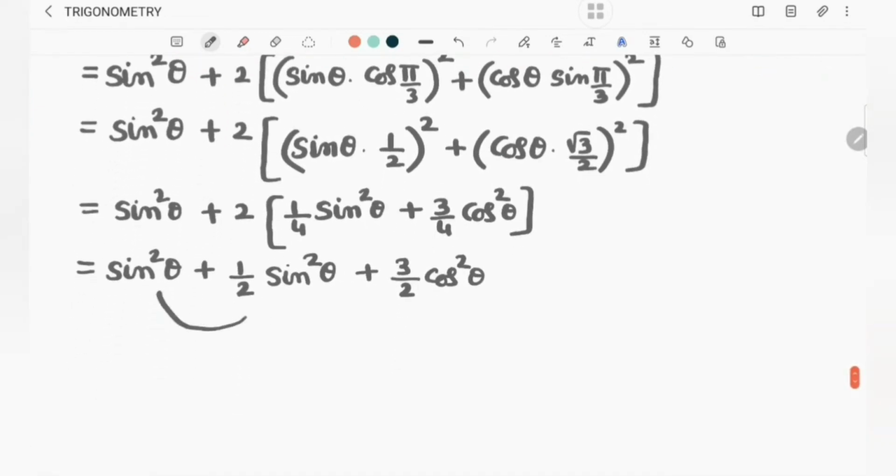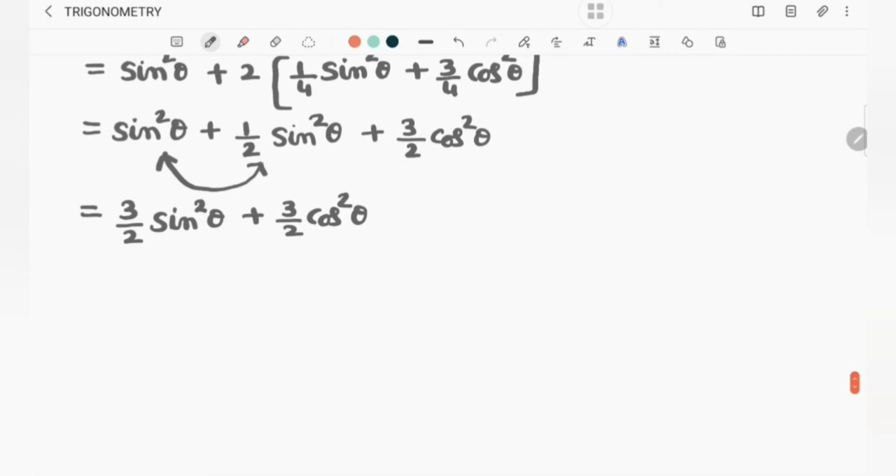Sin square theta plus 1 by 2 sin square theta. By taking LCM, it will become 2 sin square theta plus sin square theta is 3 by 2 sin square theta. 3 by 2 sin square theta plus 3 by 2 cos square theta. So 3 by 2 take common: sin square theta plus cos square theta. That value is 1 only, no?